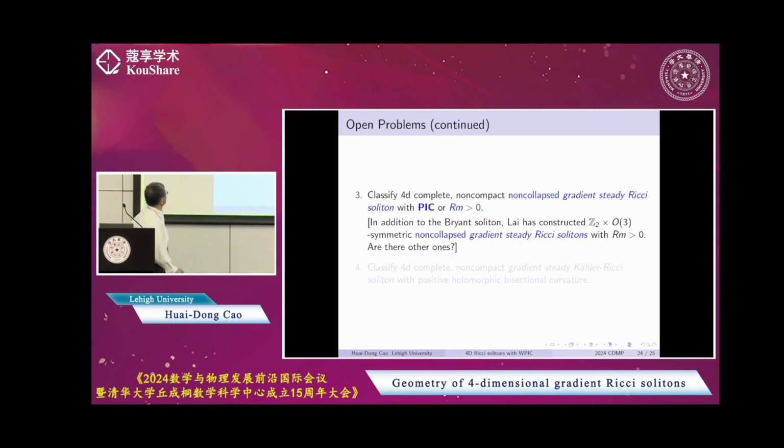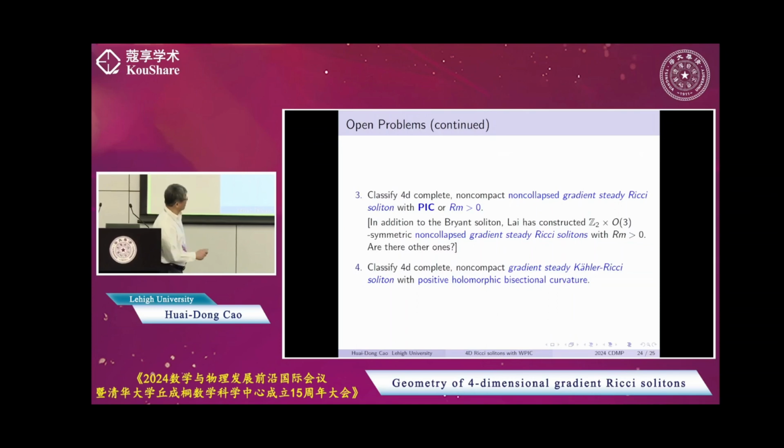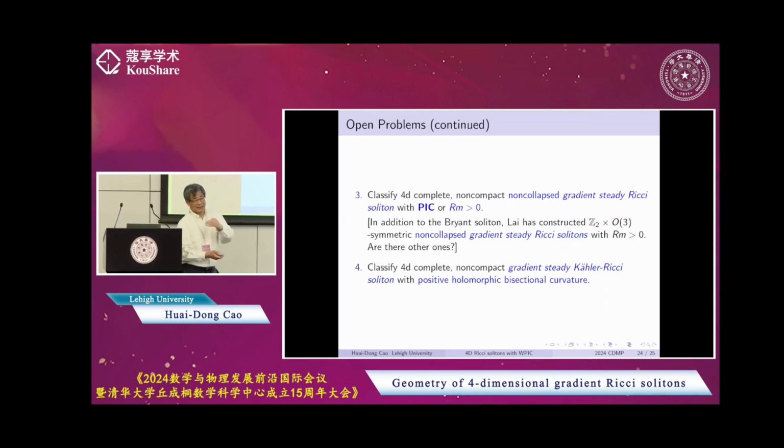But Lai's work already constructs a family which is only PIC but not of some other curvature condition. So hopefully there are some symmetries. And finally, classify gradient steady Kähler solitons with positive holomorphic bisectional curvature, at least in complex dimension 2, where we have non-uniqueness, with several examples.